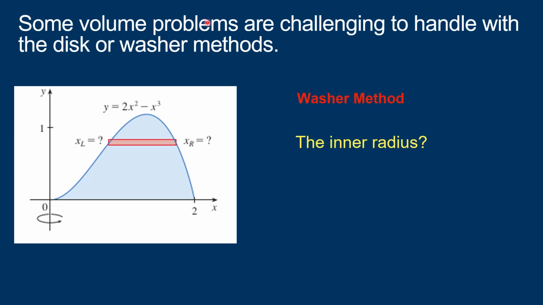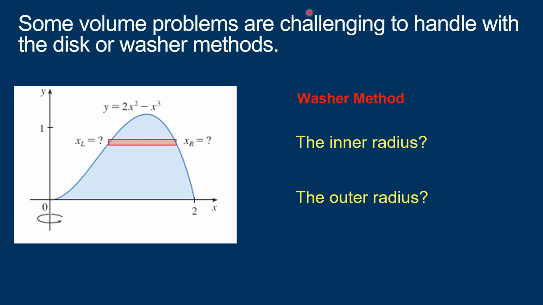So you're thinking about the washer method because there is a hole right here. With the washer method, we have to find the inner radius and the outer radius, which means we have to find the right function and the left function.